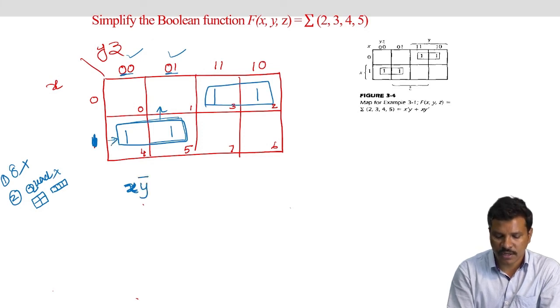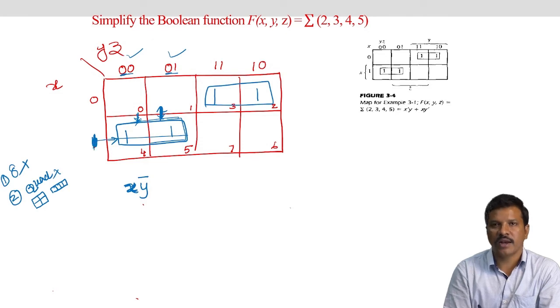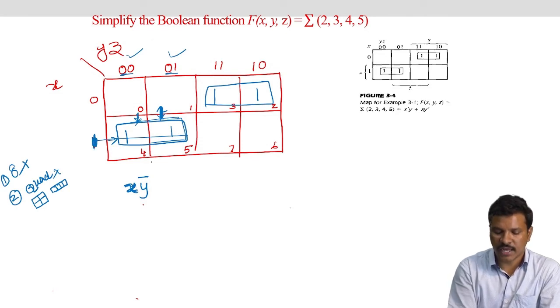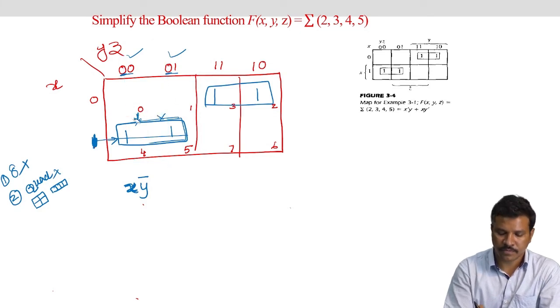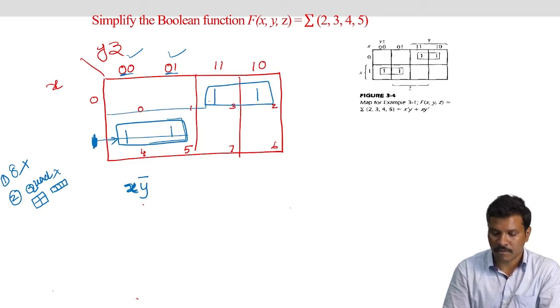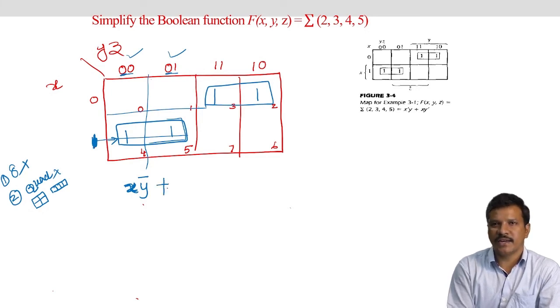So in this direction we can take 1, nothing but x as it is, and in the other direction we can take the common term. So this common term, x y bar.